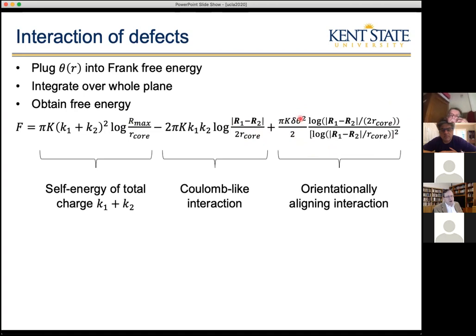It's proportional to delta theta squared, where delta theta is the relative orientation of the two defects minus the optimal relative orientation. So this creates an orientationally aligning interaction between the two defects.